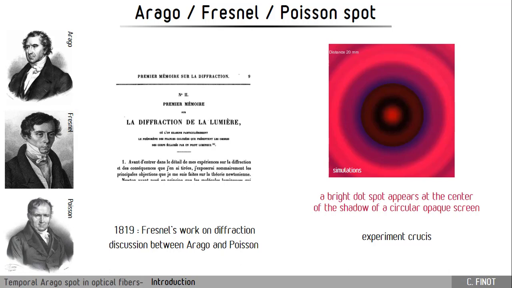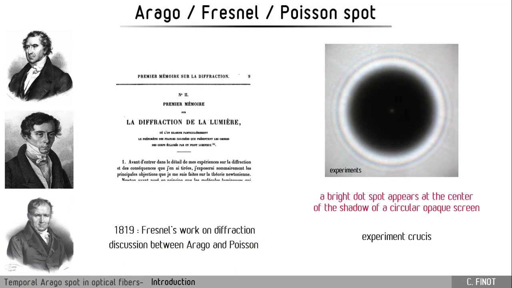Arago proposed to make the experiment, and the experiment showed that at the center of the shadow a bright spot appears. So here we have a very nice example of an experimentum crucis, and here we have an example photograph of this experiment where we see the bright spot that can happen at the center of a circular opaque screen.